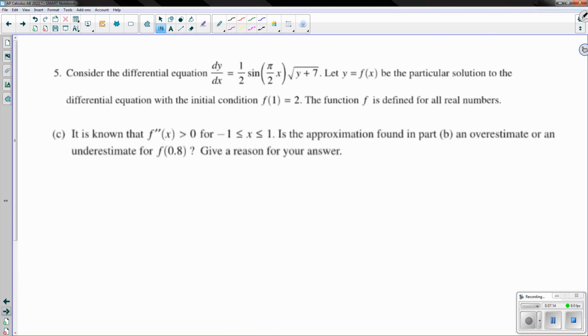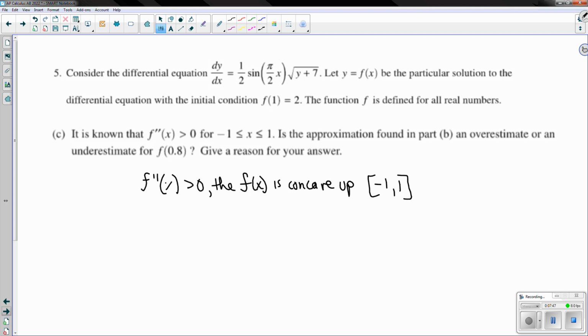So now let's move on to part C. It is known that the second derivative of f is greater than 0 along the interval -1 to 1, both inclusive. Is the approximation found in part B an overestimate or an underestimate for f of 0.8? Give a reason for your answer. Well, if f double prime of x is greater than 0, then f of x is concave up on that interval.